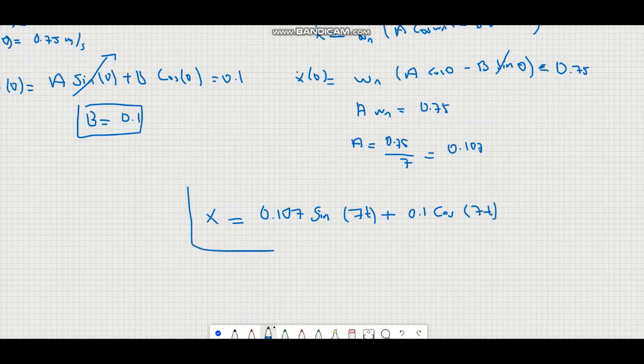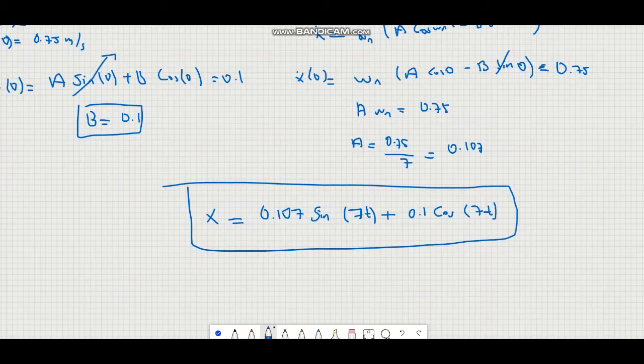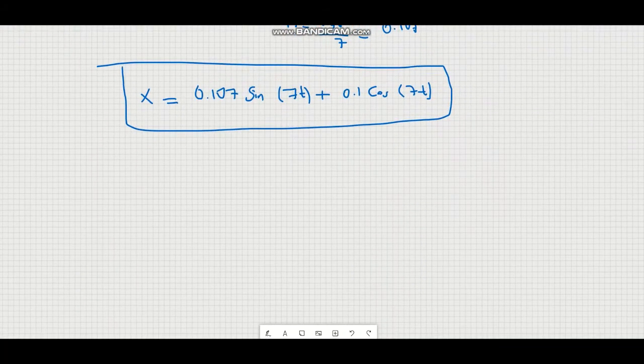So our equation for displacement is x is equal to 0.107 sine 7t plus 0.1 cosine 7t.